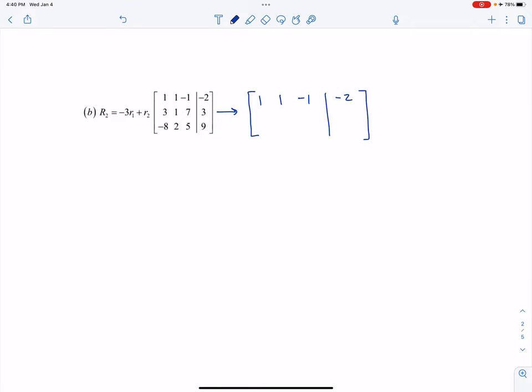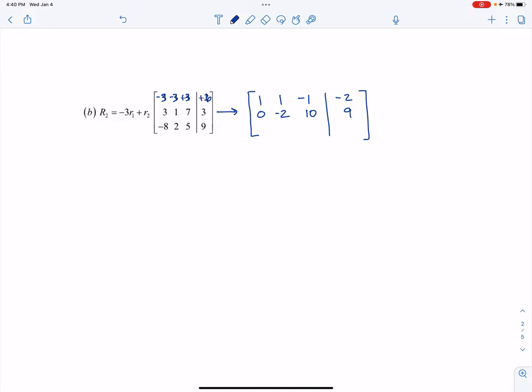And if we multiply that by -3, so -3, -3, +3, +6, and add it to row 2, we'll have 0, -3 plus 1, -2, and 3 plus 7 is 10, and 6 plus 3 is 9.